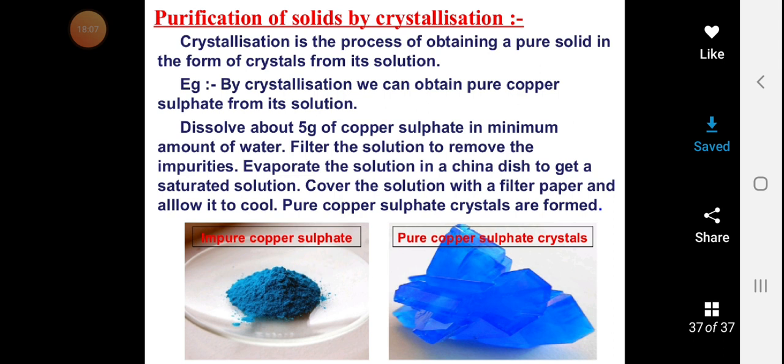Okay, so these are the various separating techniques that we have discussed. You might remember class 6 separation techniques, which were done by physical means like winnowing, sieving, filtration, and hand picking. That was only possible when the solute or the mixture you are supposed to separate is visible.